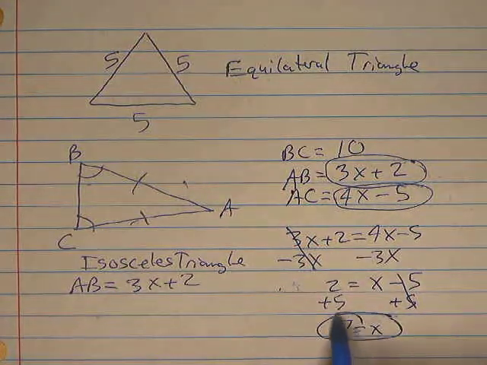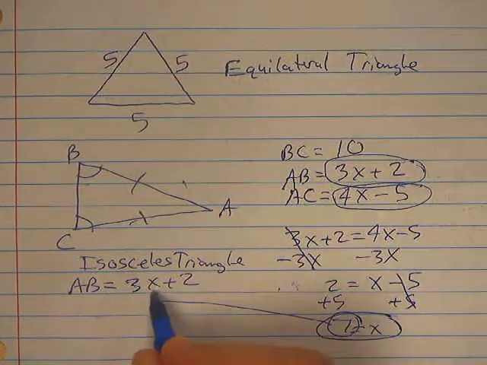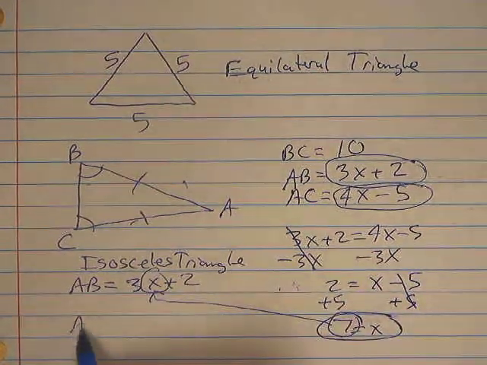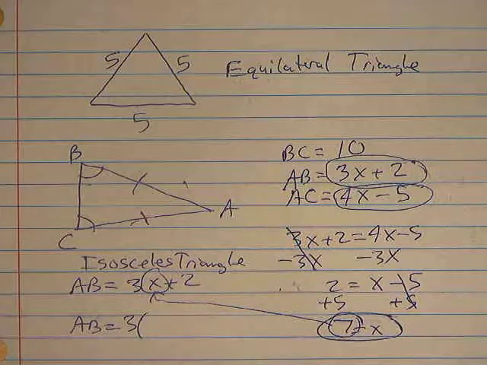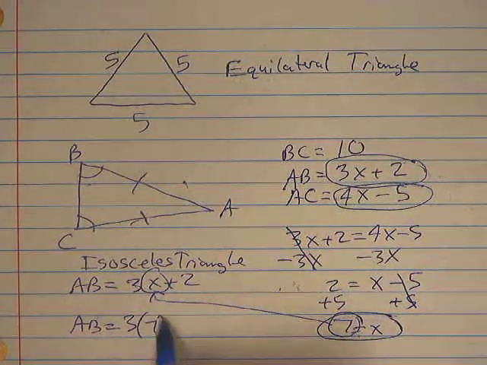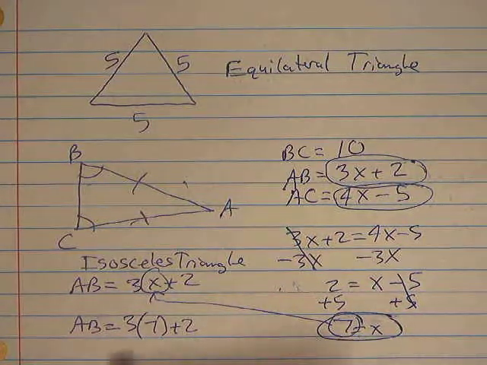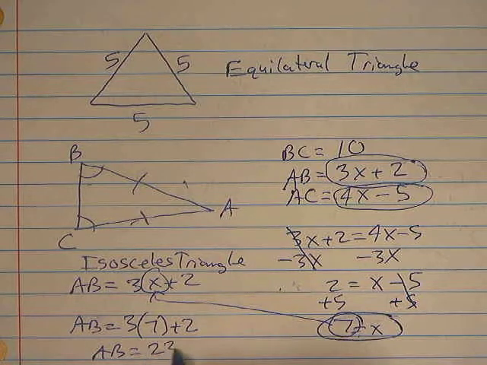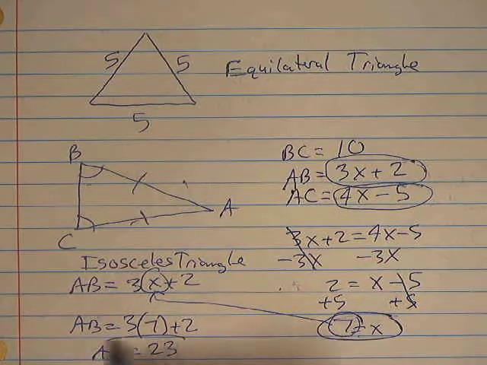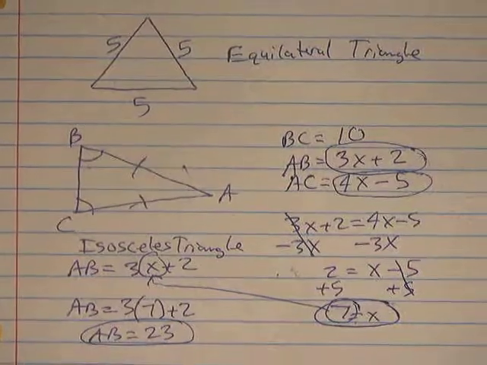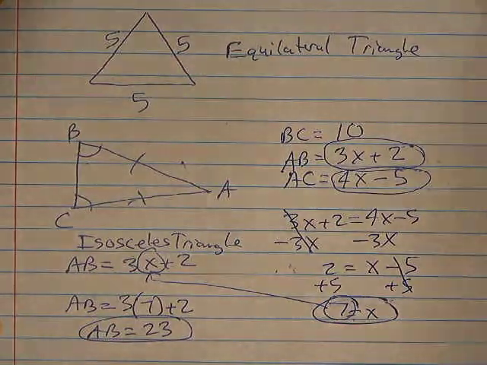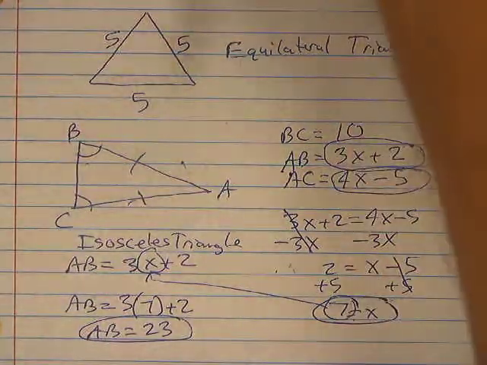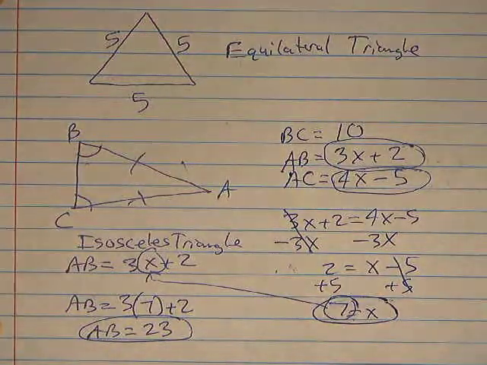Well, AB, as we see up here, is equal to 3x plus 2. Now I know what x is. I could take this 7 and plug it in for x here. So AB is equal to 3 times 7 plus 2, or 21 plus 2, which is 23 units. All right, that's what you have so far.